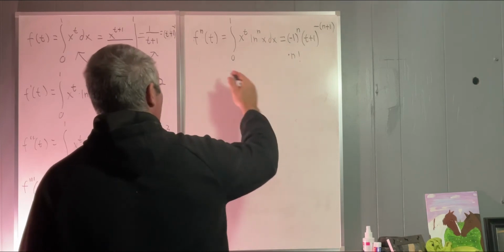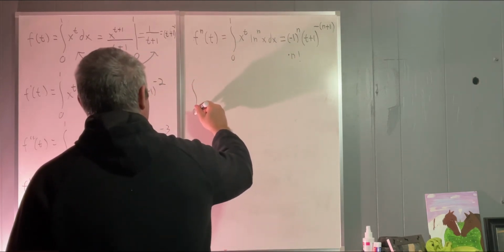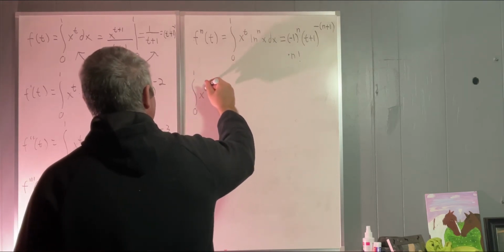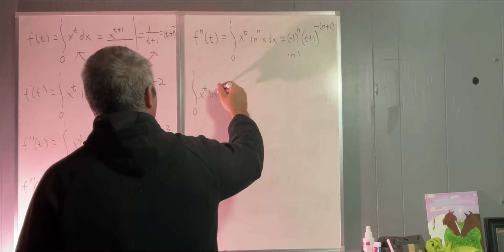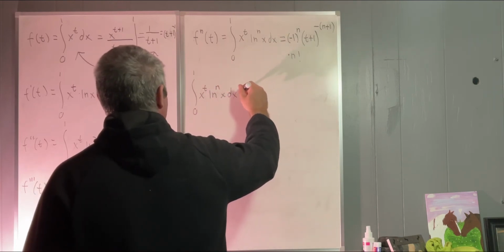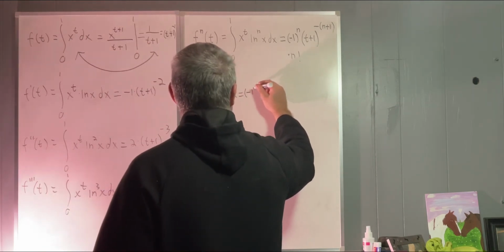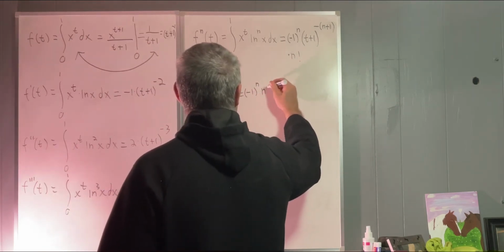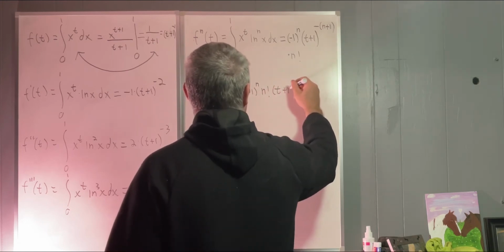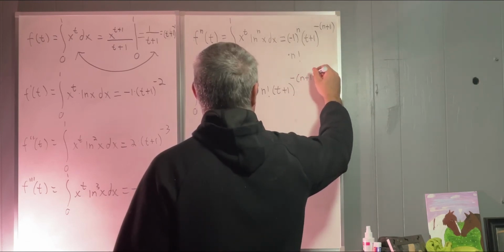Basically, this is going to be what we know so far. We know that the integral from 0 to 1 of x to the t natural log to the n of x dx is going to be equal to -1 to the n times n factorial times t plus 1 to the negative n plus 1.